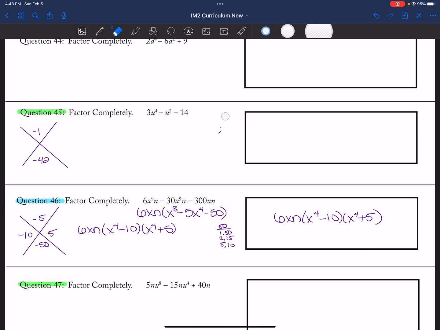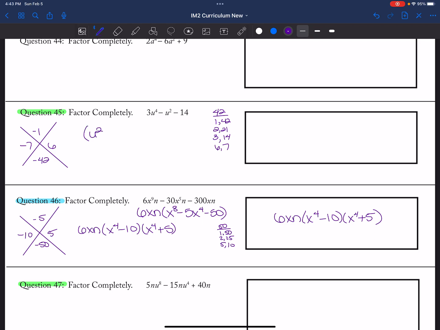I was like, I don't think any factors of 52 is going to give me a negative 1. Okay, so factors of 42, 1 and 42, 2 and 21, 3 and 14. 6 and 7. Negative 7 and 6.